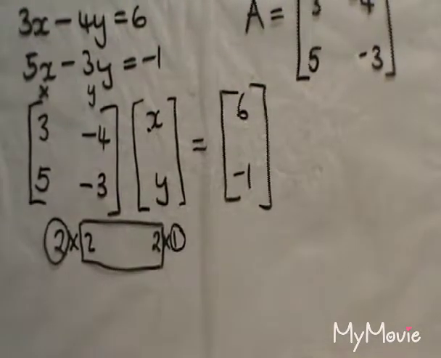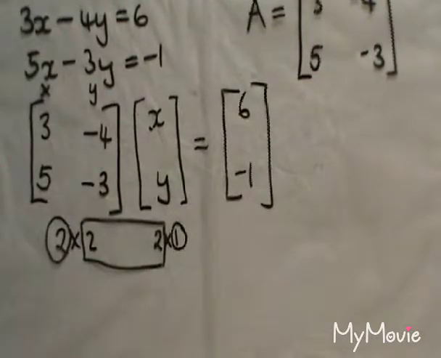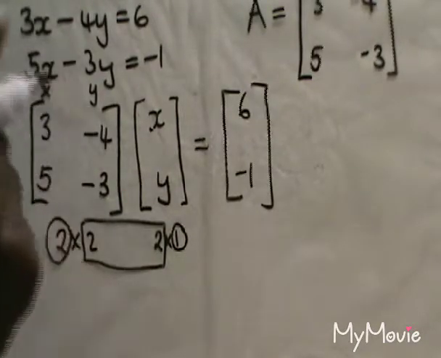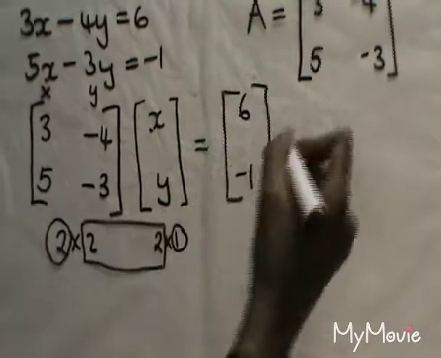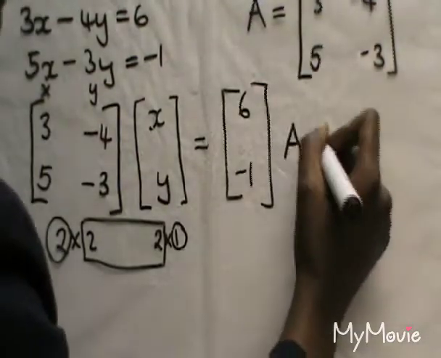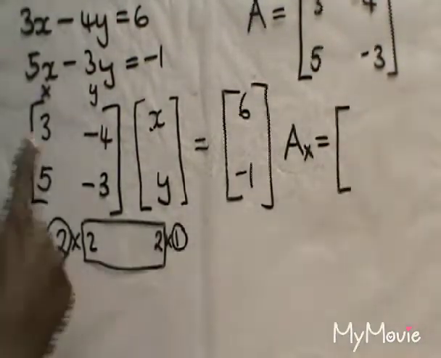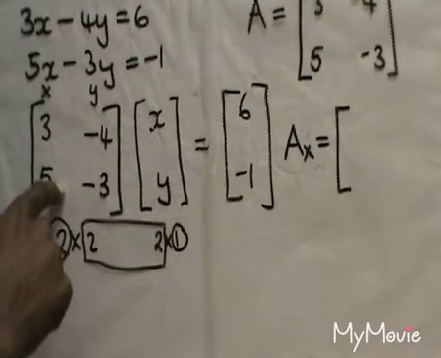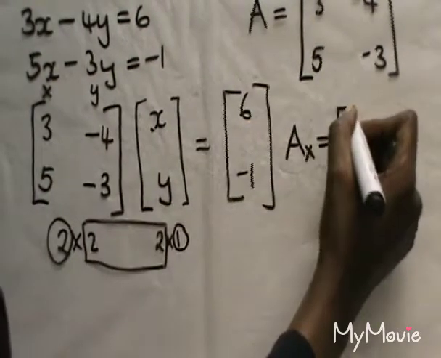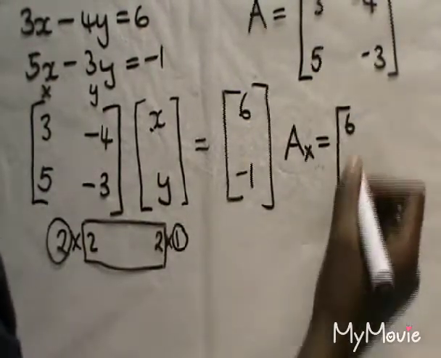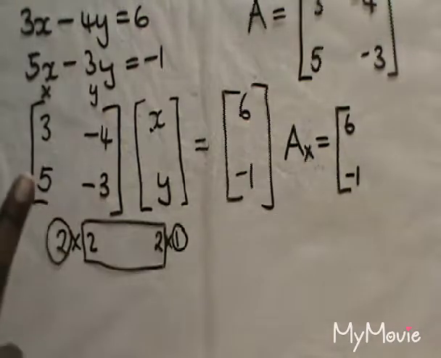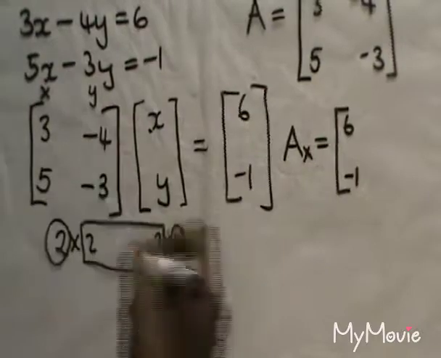And I will call this Ax, because I'm replacing the coefficients of the x values. So Ax will look like this. Instead of 3 and 5, I will have 6 and minus 1, and then everything else stays the same. The values in the second column should stay as they are.